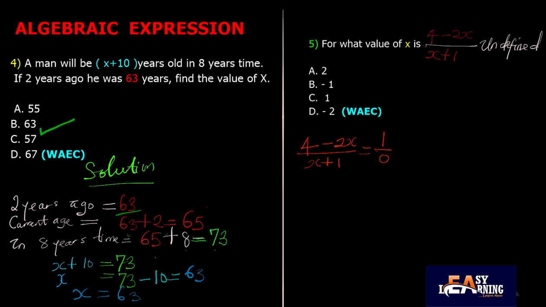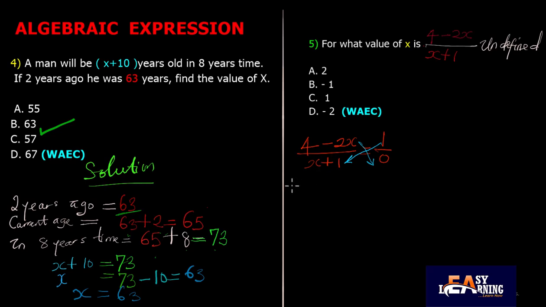All right. So to solve this, we're simply going to do the cross multiplication. 0 will multiply everything here, and 1 will multiply down here.